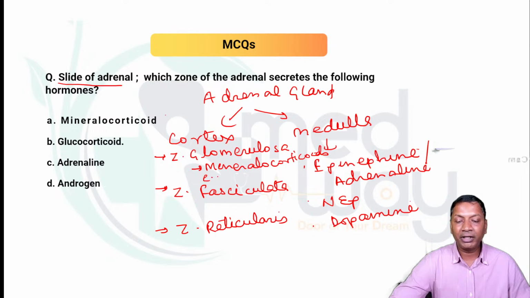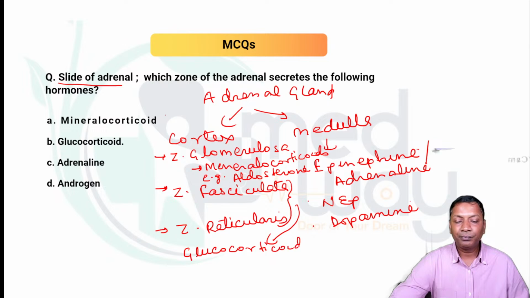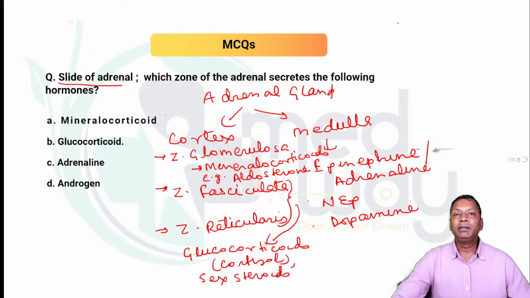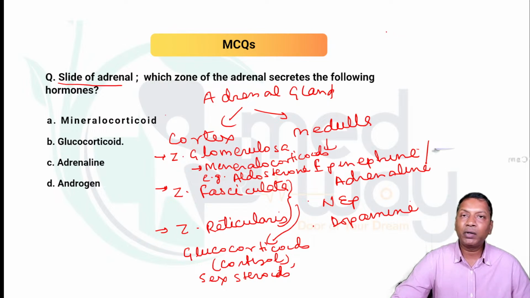The example of mineralocorticoid is aldosterone. The fasciculata and reticularis both produce glucocorticoids and sex steroids. An example of glucocorticoid is cortisol. So these are the hormones produced by the adrenal gland.